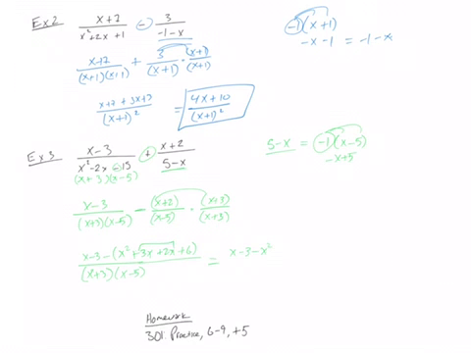These two together is 5x, so minus 5x minus 6 over that same thing, but just to save time. Okay, so I'm going to have a negative x squared. I have a positive x minus 5x, which is going to give me minus 4x. And then that negative 3 minus 6 is going to be negative 9, over x plus 3, x minus 5. And that is going to be my answer.